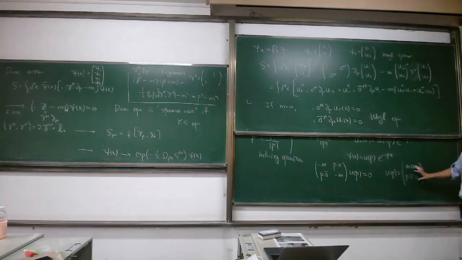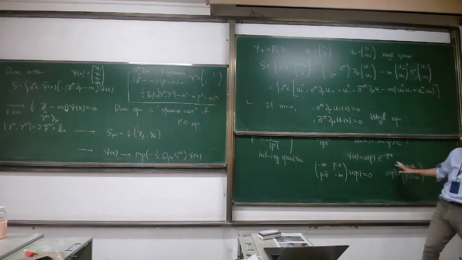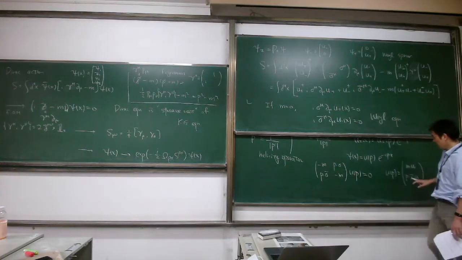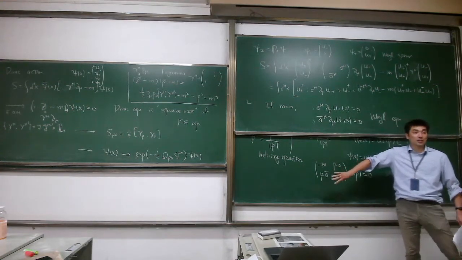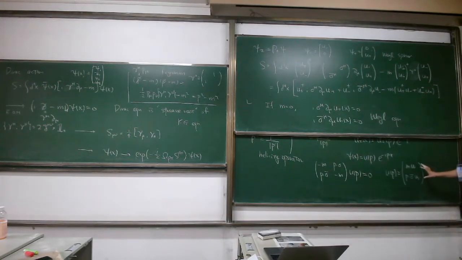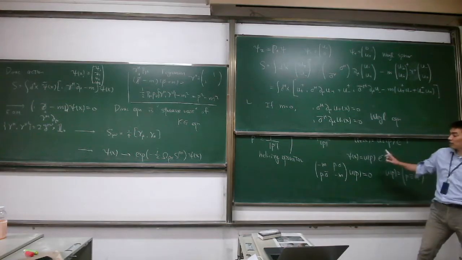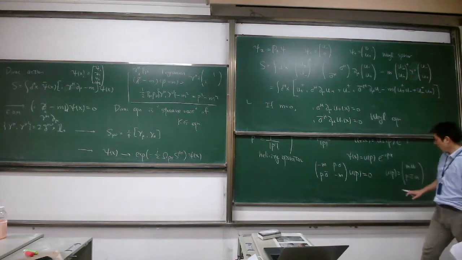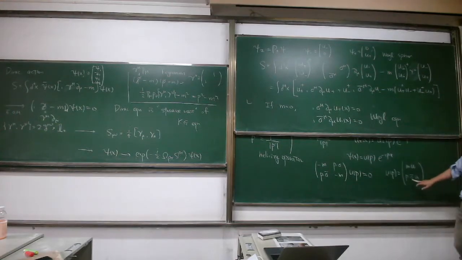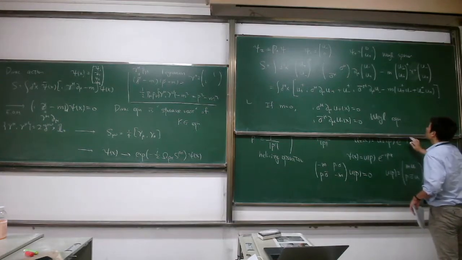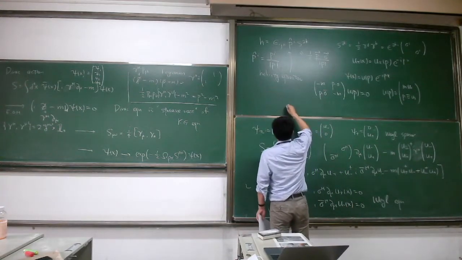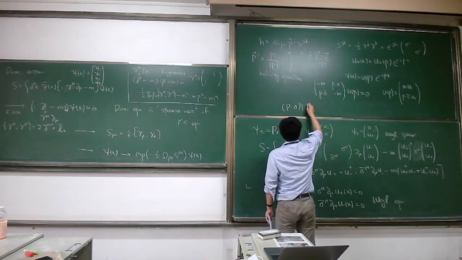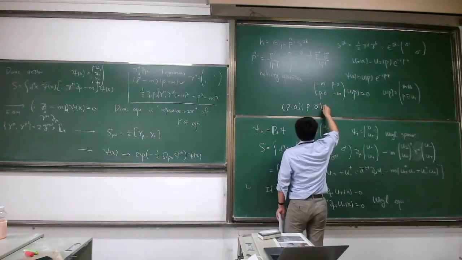Can you see that? The lower component is super easy: m u1 acts on this one, and p sigma bar acts on this one, and they cancel. The upper component you have to check using the following equation. You get minus m squared, and then p dot sigma times p dot sigma bar. What's that? That is what we need to do in the following exercise: p sigma times p sigma bar.